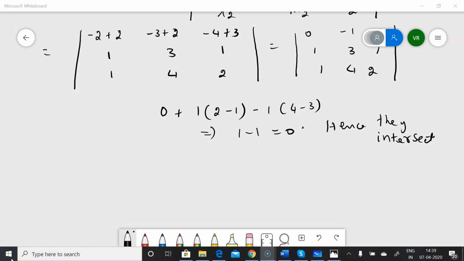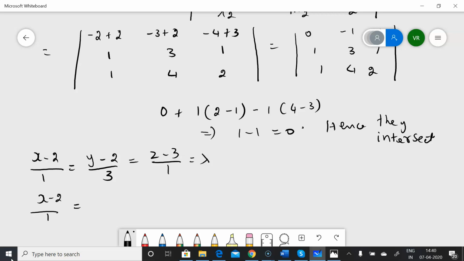Now let us equate (x minus 2)/1 = (y minus 2)/3 = (z minus 3)/1 to be equal to lambda, and (x minus 2)/1 = (y minus 3)/4 = (z minus 4)/2 to be equal to mu.